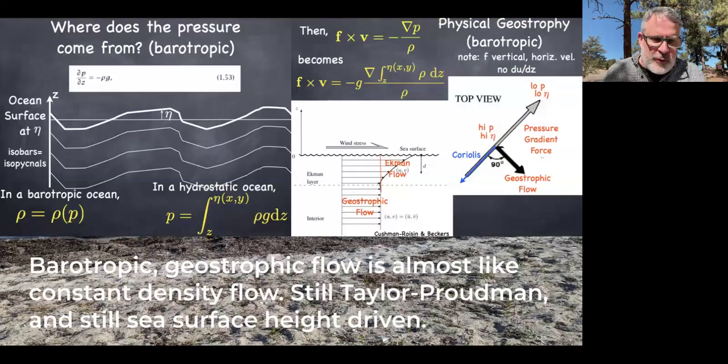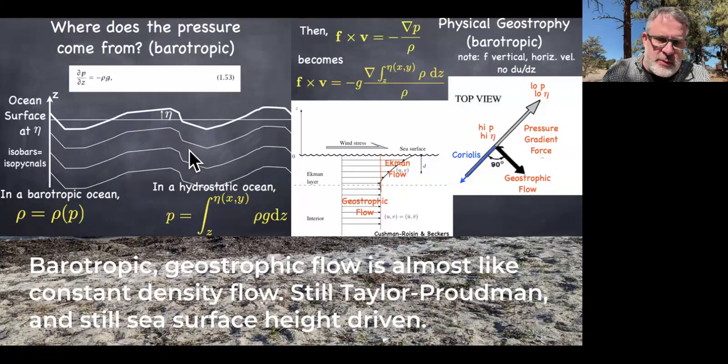Okay. But before we get there, let's just step back and think about this whole situation one more time, but let's make a more generous definition of what's going on with the density field. So we could suppose we allow the density to vary, but it can only vary as a function of the pressure.